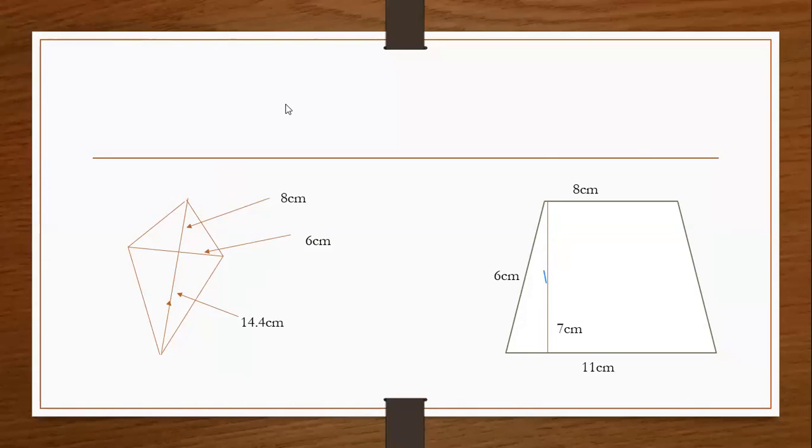Okay, so let me use this one. Now the area of the kite is equal to half of the product of the diagonals.